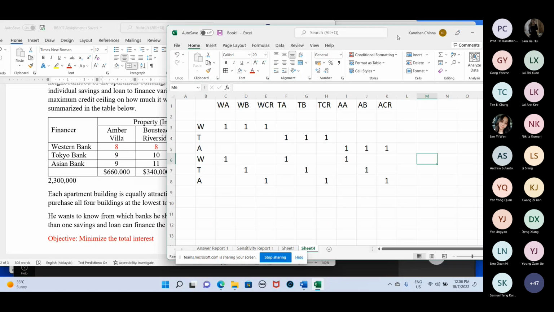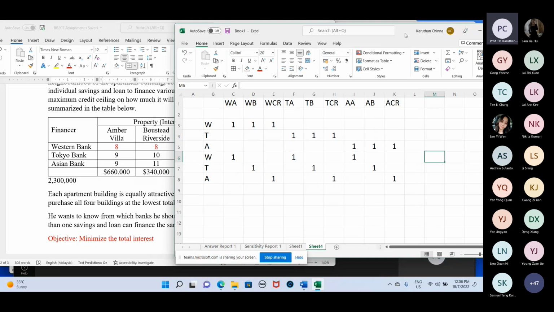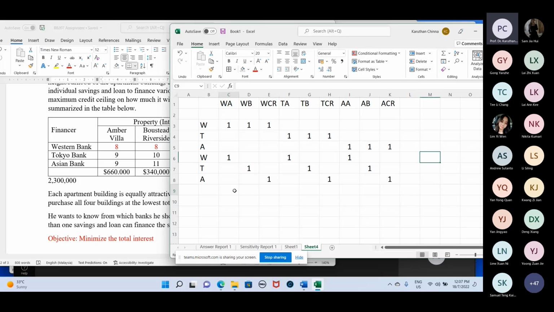Interest rate. Let's put some fictitious interest rates: 8, 6, 7, 9. Interest rates.